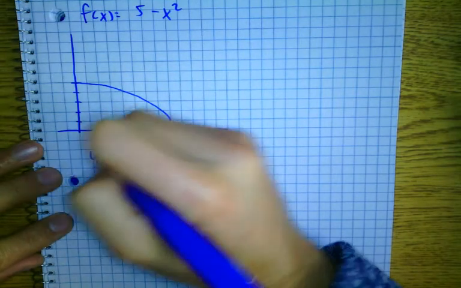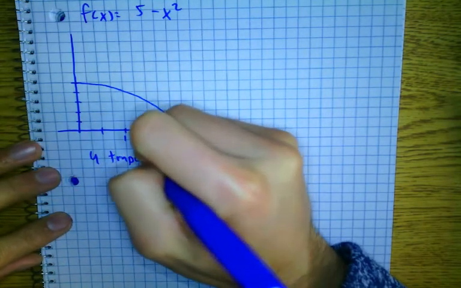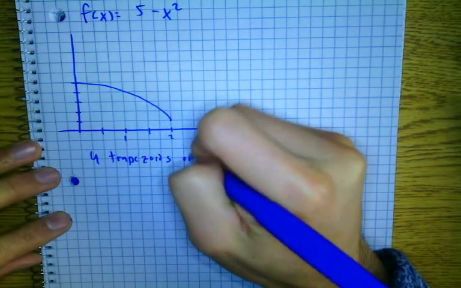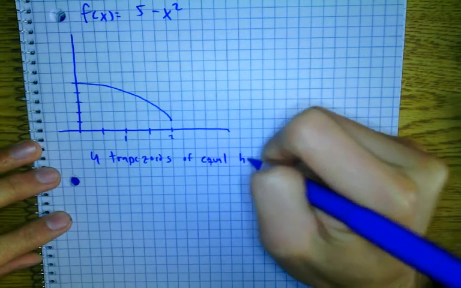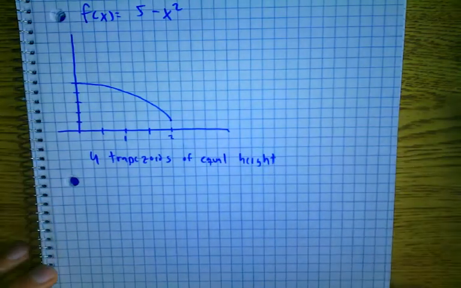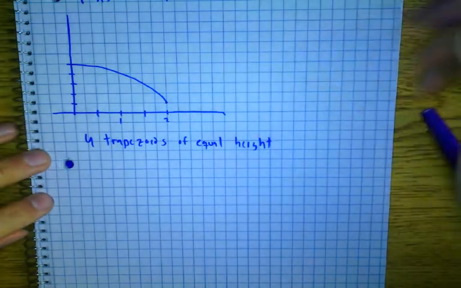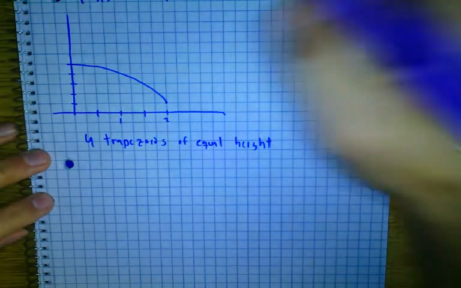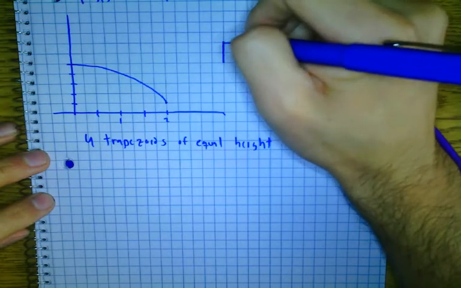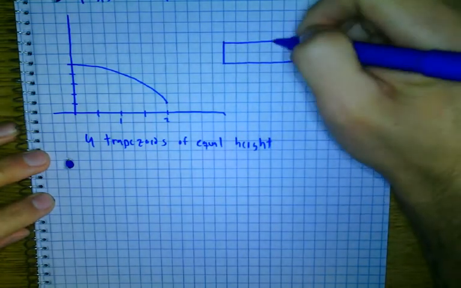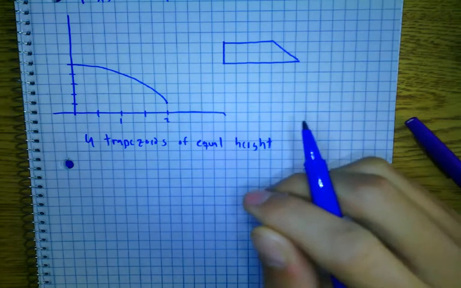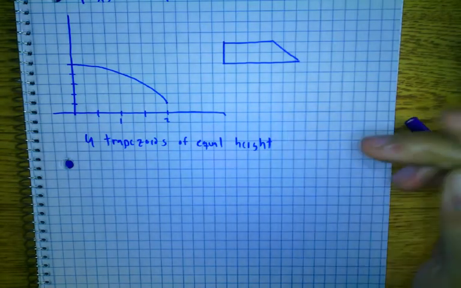We are going to use 4 trapezoids of equal height. And I'll talk about that in just a second, okay? First, remember a trapezoid looks like this, and especially the trapezoids we're going to be talking about, they're going to look like this. That's what your trapezoids are going to look like, okay?